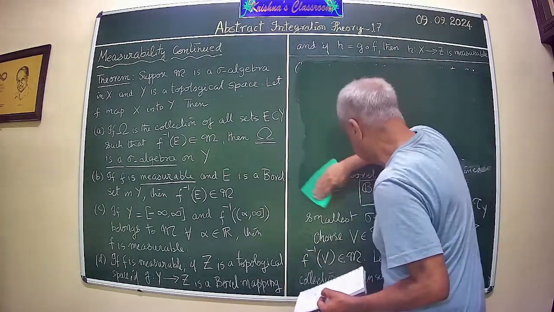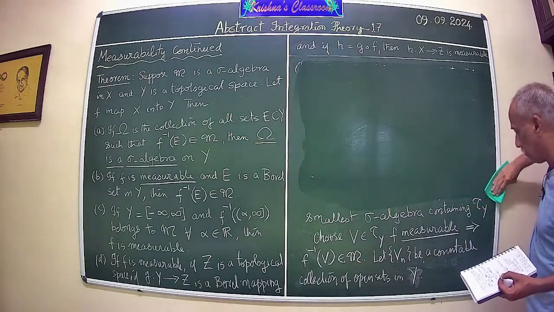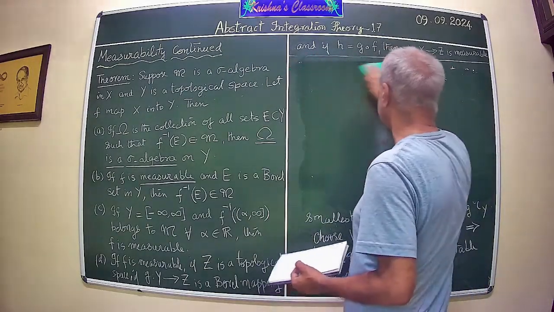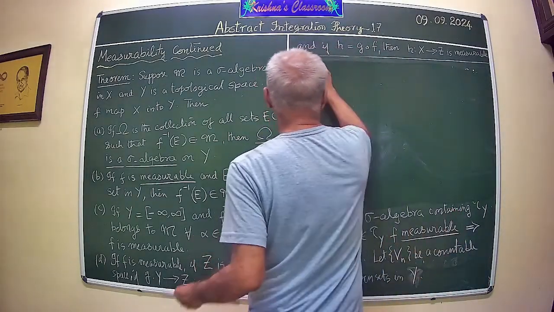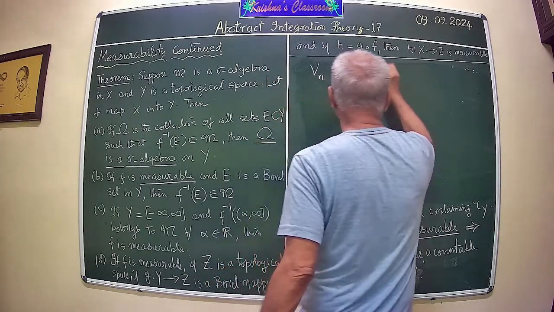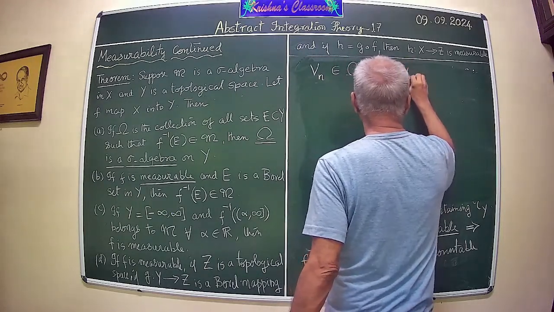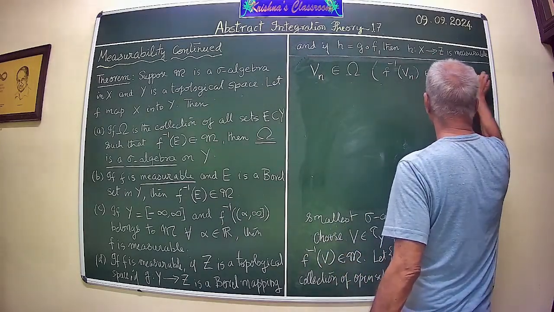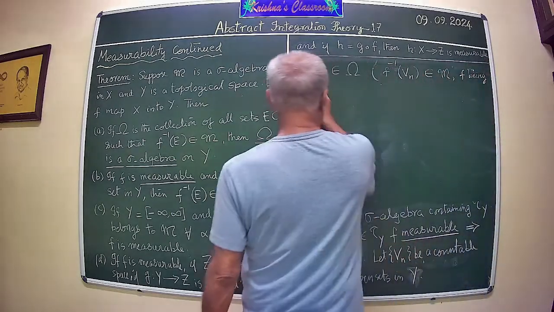Now you know that for each Vn being open and F being measurable, Vn is in omega, because F inverse of Vn belongs to M. This is where we use measurability.